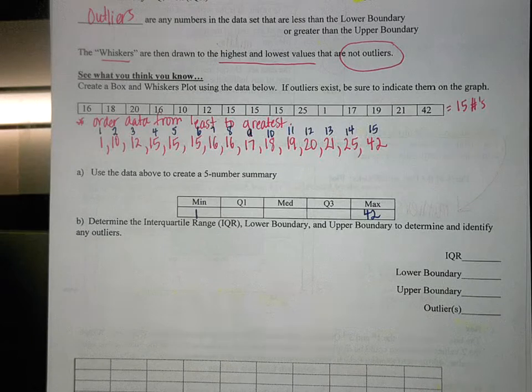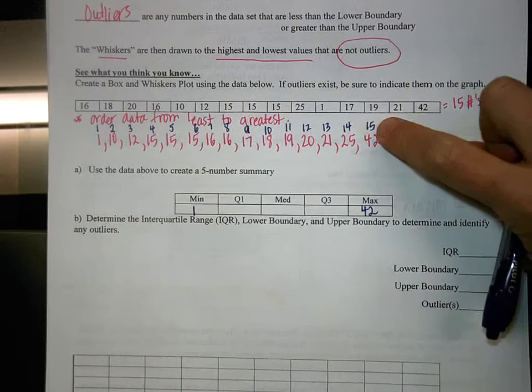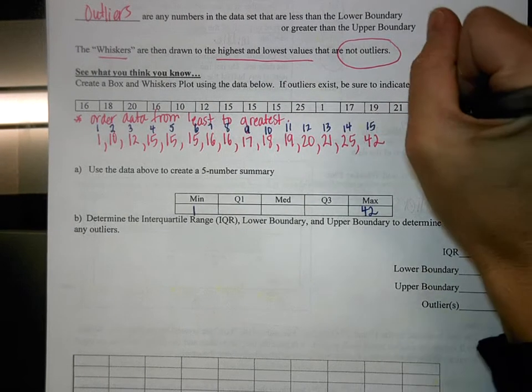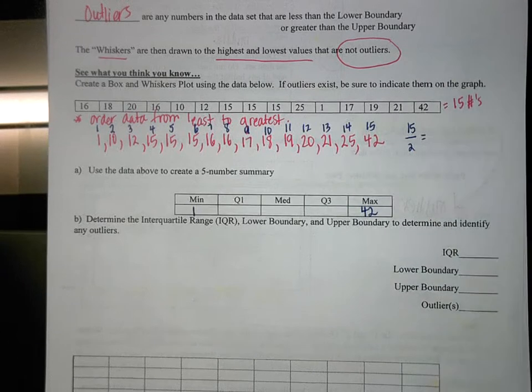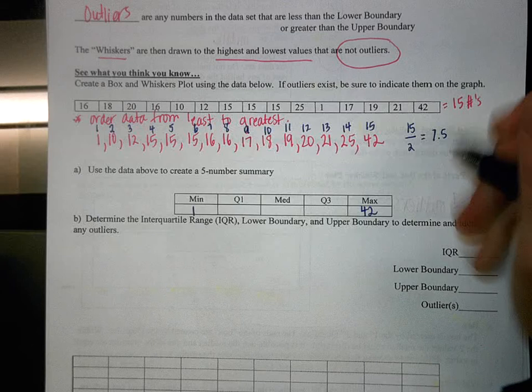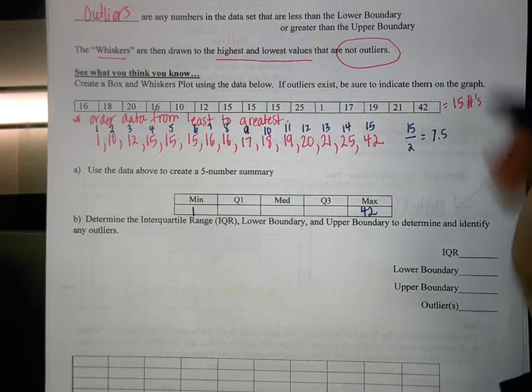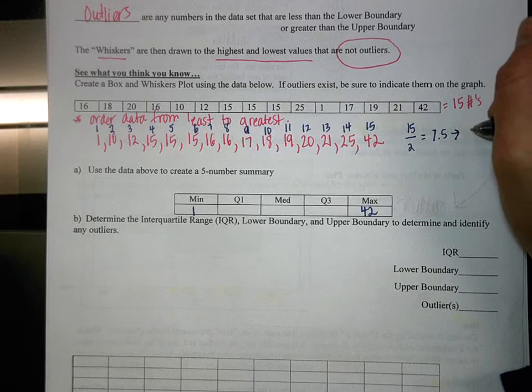The easiest way to find where your median is, is to take your total amount of numbers, which in this case is 15, and divide by 2, which makes what? 7.5. And then you always round up to the next number. So in this case, my median is going to be the 8th number.